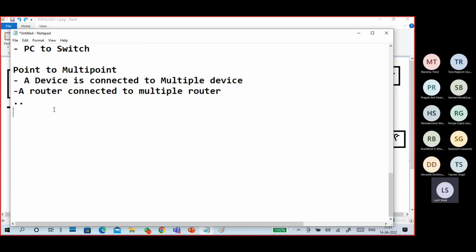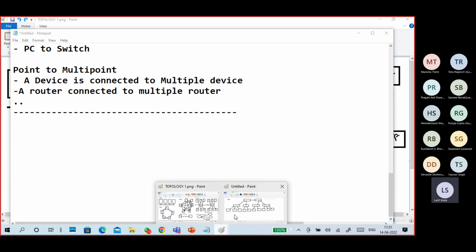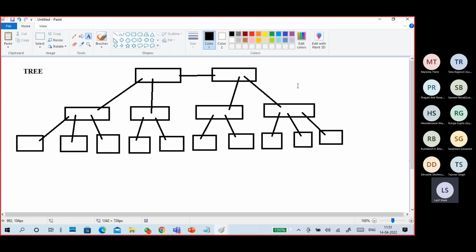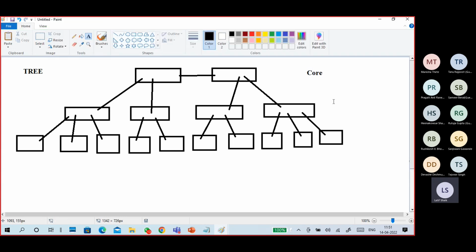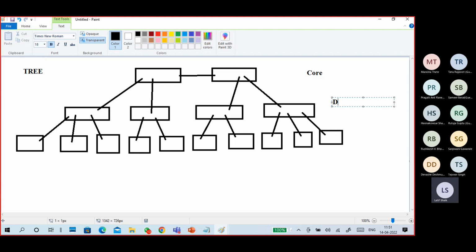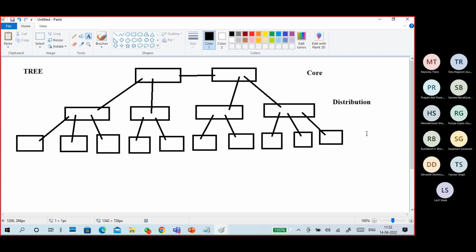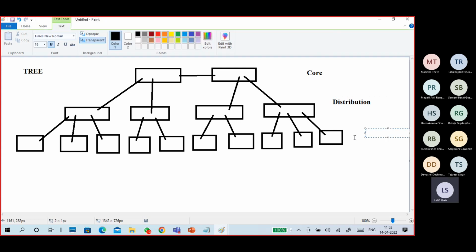So these are all what we discussed in the topologies. Of course, there is a tree topology also. I explained the tree topology too. Just like I have a network core layer, distribution layer, access layer.